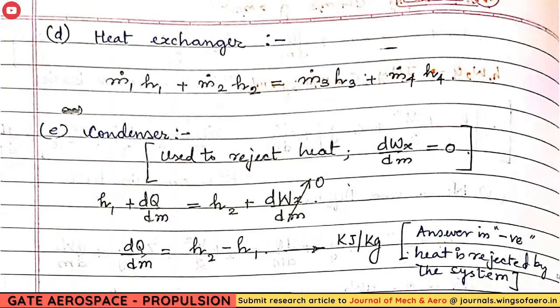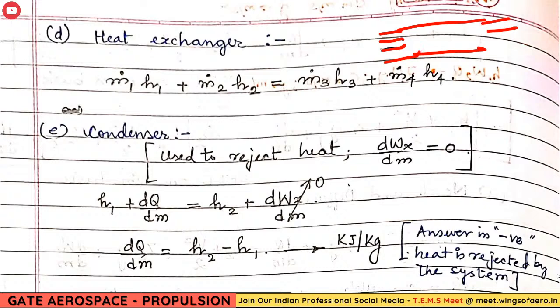Now we will go next. Based on that, similarly, heat exchanger. If you have any kind of heat exchanger, that means you have a system with one place to cool air and another place, and they have multiple inlets.